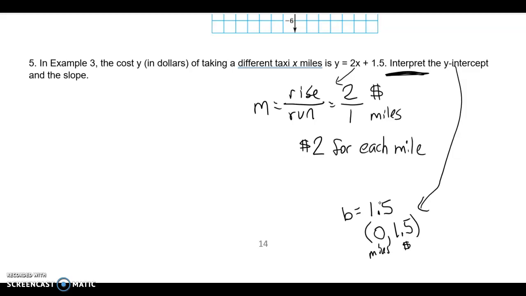That seems weird, but that's like your initial fee or your startup fee. So this cab charges you $1.50 just to get in, kind of. If you got in and they said, oh, it's this much, and you got back out, you wouldn't pay, but it's just $1.50 just to get in, or as their flat fee. They're going to charge you that and then charge you per mile.